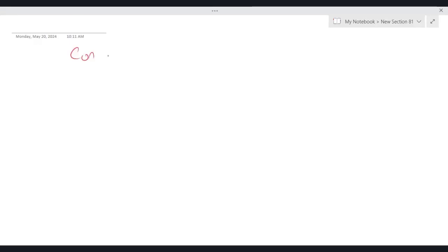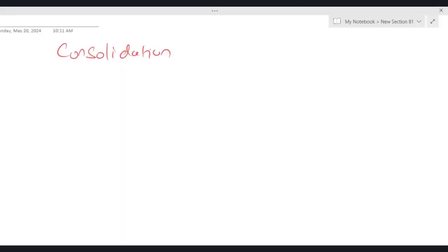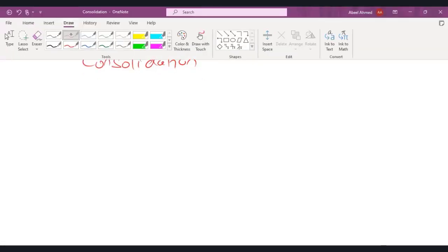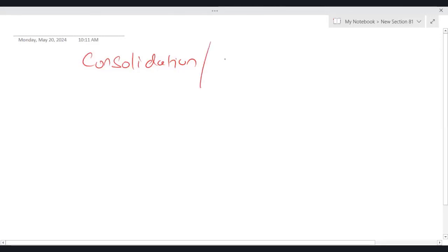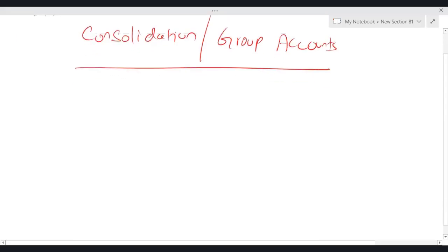Consolidation. That is group accounts. Obviously, we know that consolidation or the group account means to merge the financial statements of different entities.